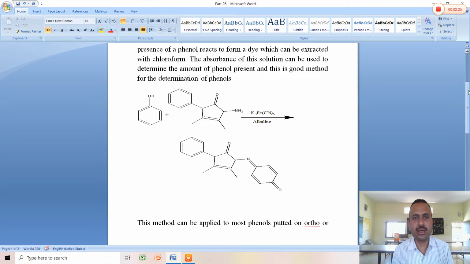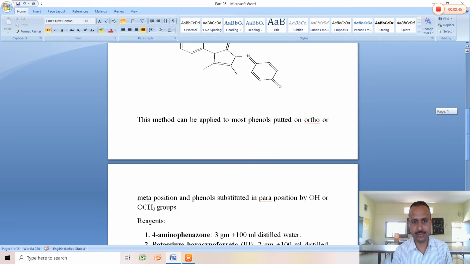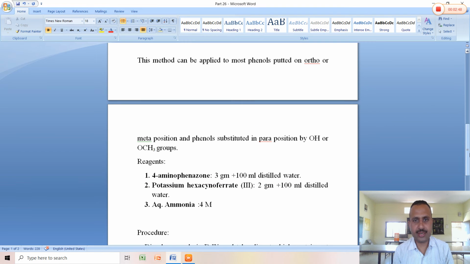Now this is the actual reaction that takes place in the spectrophotometric determination. Here, this is the phenol that will react with the phenazone derivative to give the product, that is nothing but the dye, in the presence of potassium cyanoferrate in alkaline medium. This method can be applied to most phenols substituted at the ortho or meta position.